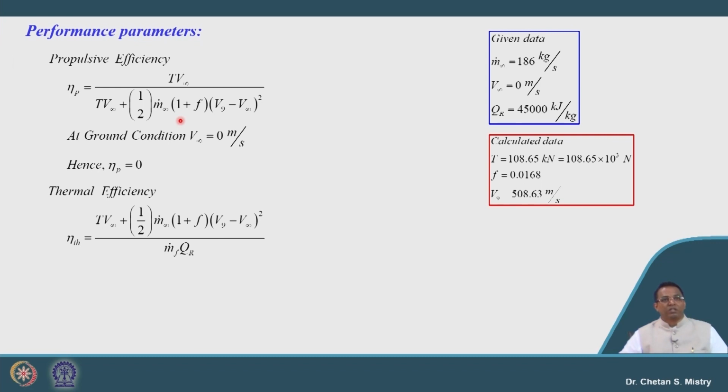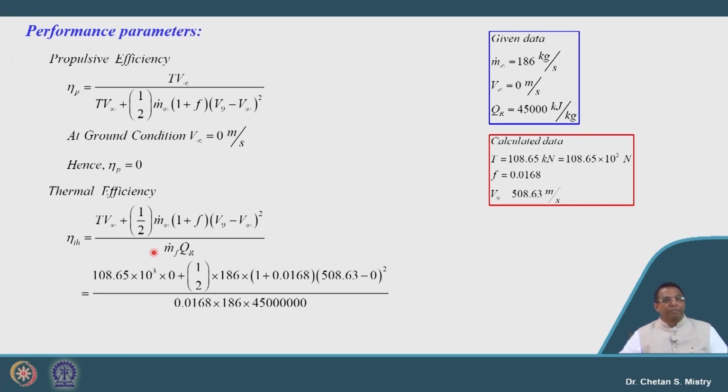Let us calculate the thermal efficiency. In thermal efficiency also, if we look, this is my denominator term of propulsive efficiency divided by the amount of heat we are inputting. Since my V infinity is 0, we put this number and the thermal efficiency is coming as 17.4%.